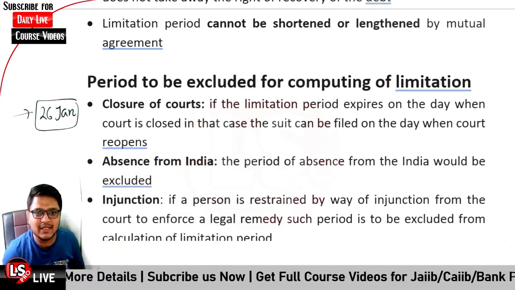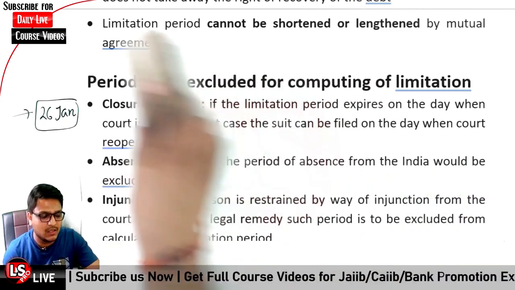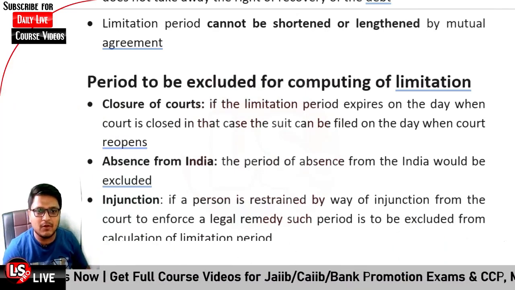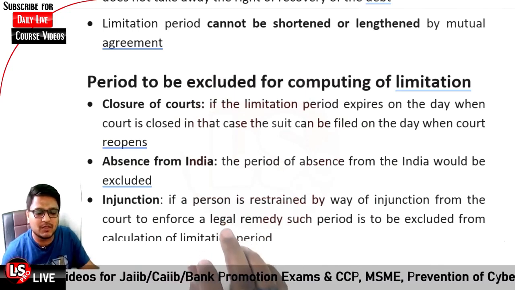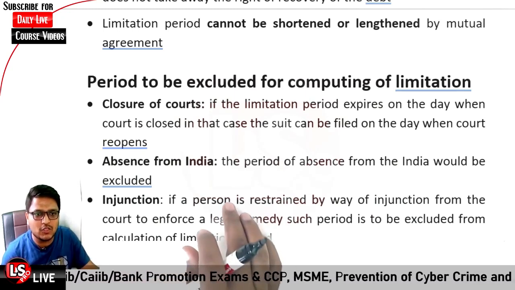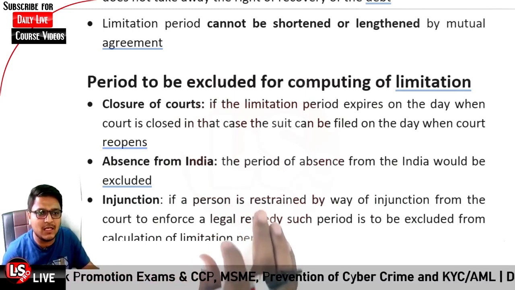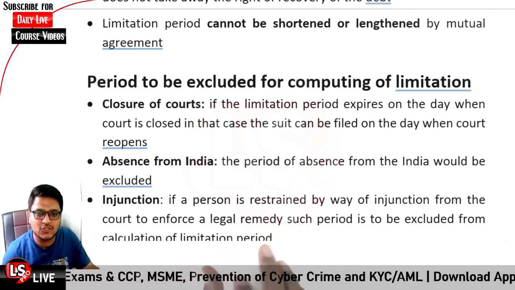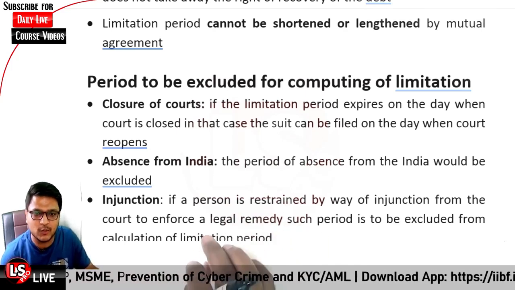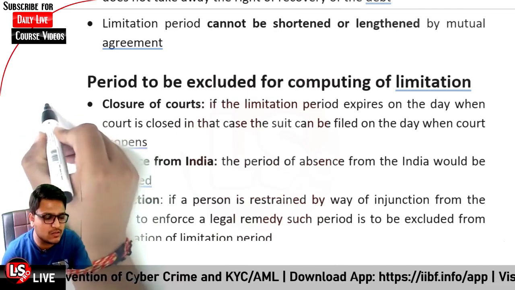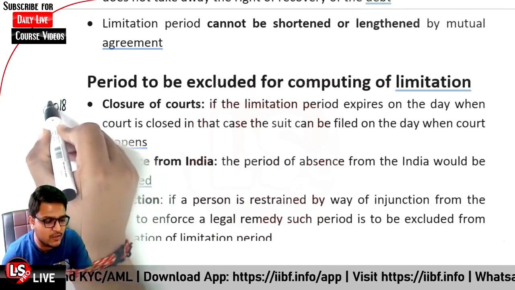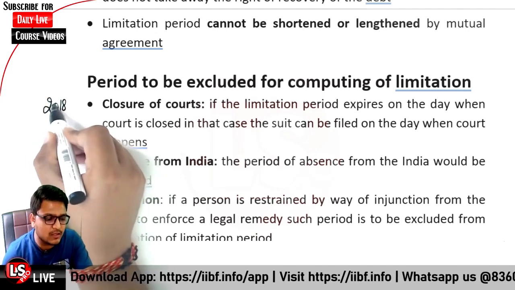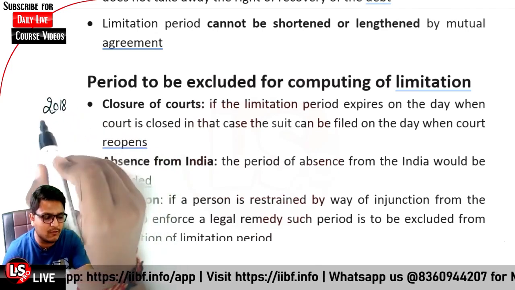Okay, then it is regarding absence from India. So such any period during which the borrower was absent from India, that will be excluded from the limitation period. What does it mean? If the loan was sanctioned and disbursed in 2018, and as per a standard rule, the limitation over there in the case of bank loan is available for 3 years.